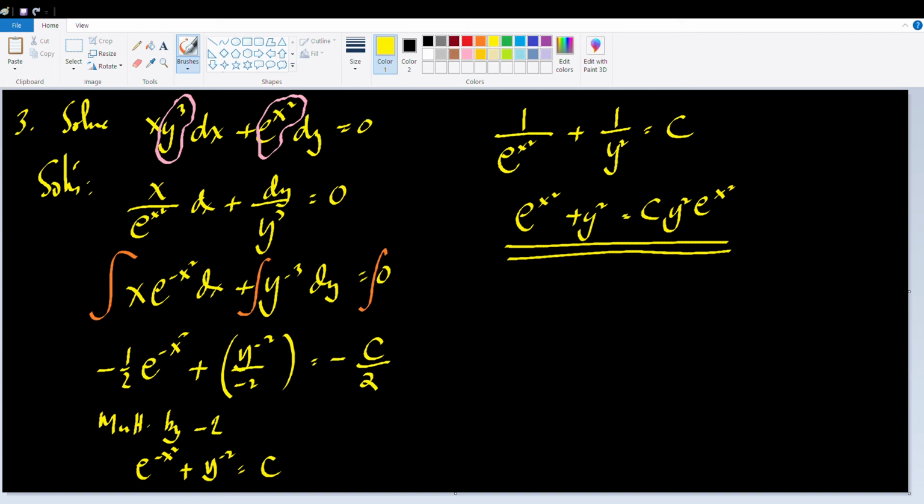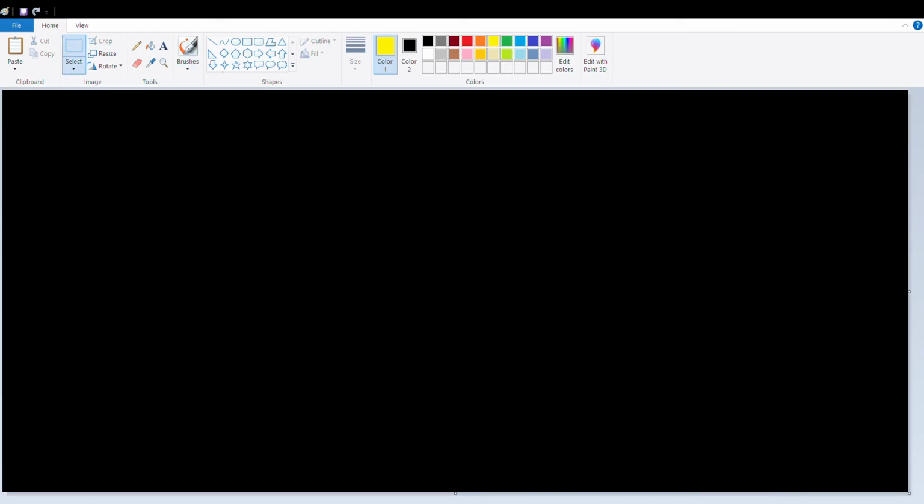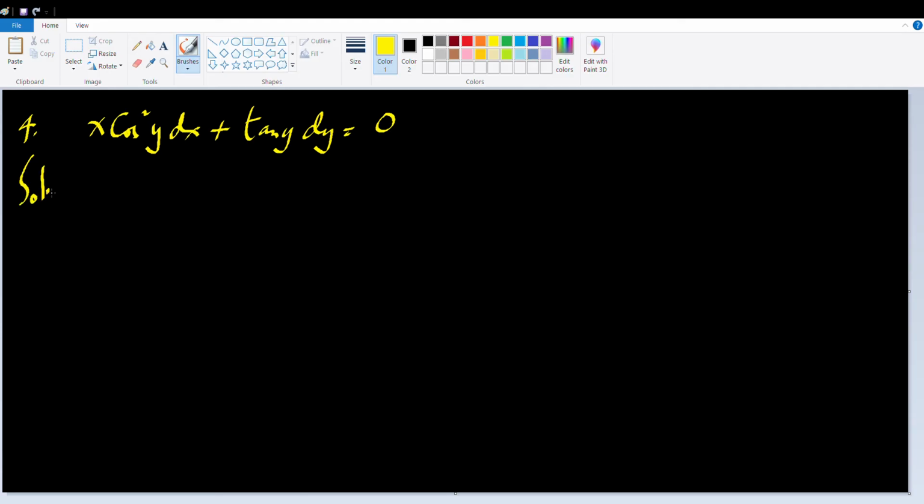We take on another one. Say x cosine squared y dx plus tangent y dy equal to 0. So we divide by cosine squared y, and no, let tangent y remain as is. Just cosine squared y.